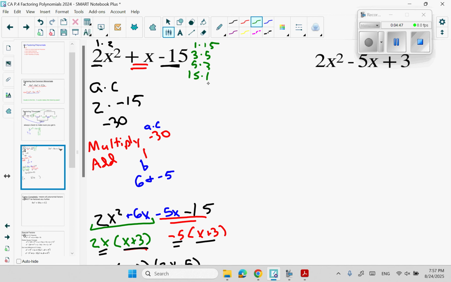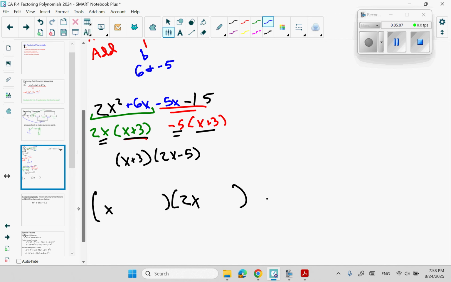The other thing I would notice is that it's a negative, so one of the numbers in these multiplication pairs has to be negative. And I would also notice that this middle term is only 1, so I want it to be pretty small, which means, logically speaking, when I distribute it out, the 15 is just too big. So I have it narrowed down to 3 and 5 in some way.